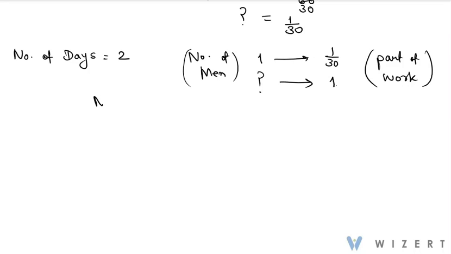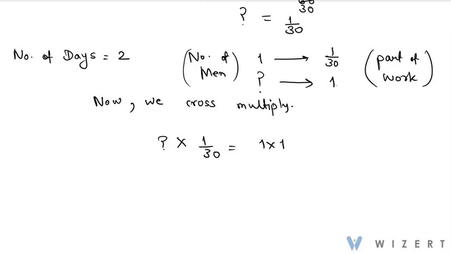So now we cross multiply. So number of men required to do the job in 2 days multiplied by 1/30 is equal to 1 multiplied by 1. So number of men who can do the job in 2 days is equal to 30, which goes there in multiplication.